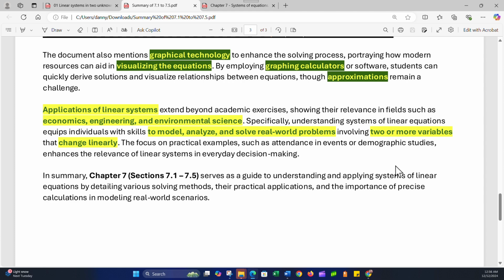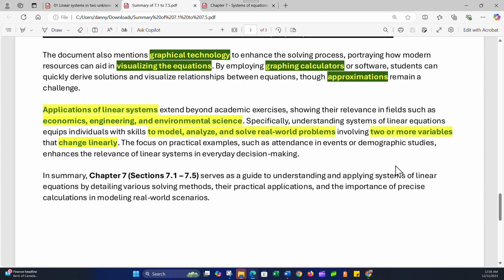And so what are some applications of linear systems? It extends beyond academic exercise, beyond the classroom. It's showing their relevance in fields such as economics, engineering, and environmental science. I mean, everywhere. Math, as abstract as it seems sometimes, is used in the real world for things like optimization of cardboard boxes, so that a company uses the minimal amount of cardboard to get the maximum volume out of a box.